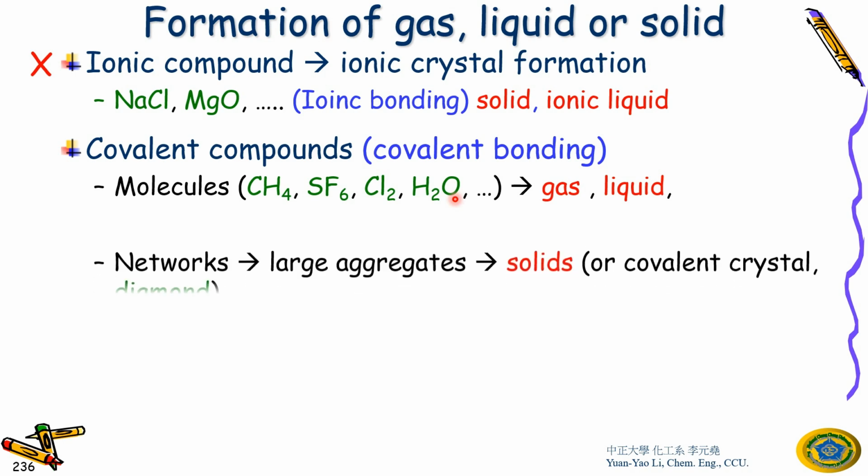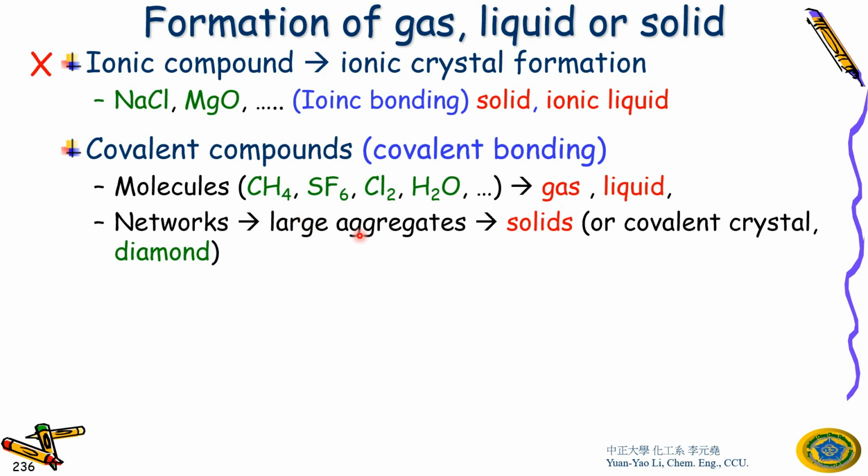Okay, so this is molecular. And network means covalent compounds put together in a very dense form, so this can be solid, like diamond, carbon, graphite, right? In covalent compounds, you can find some materials in the gas phase, some in the liquid phase, some in the solid phase. So again, you cannot explain the formation of gas, liquid, or solid using covalent compounds.